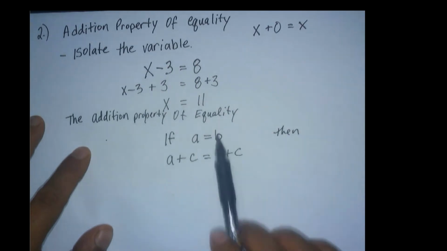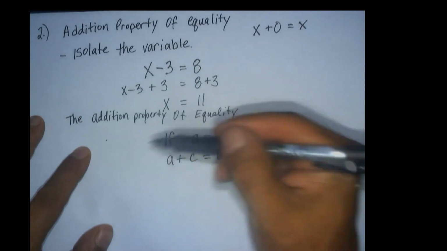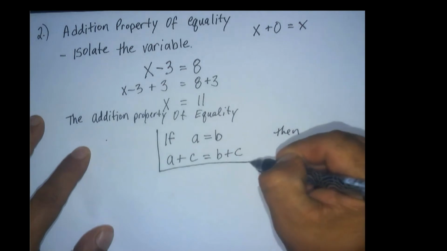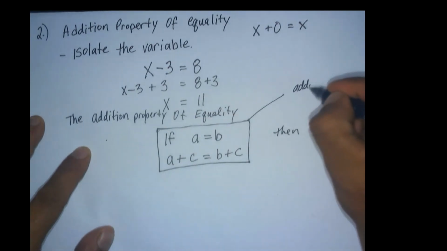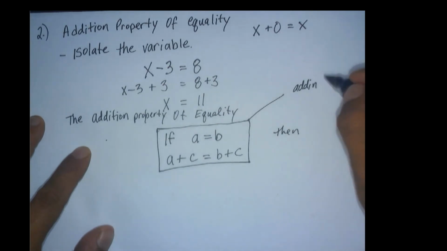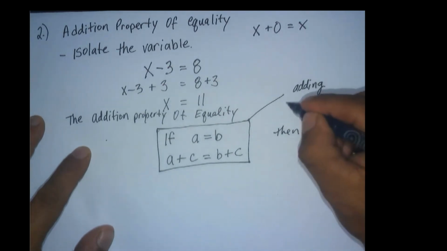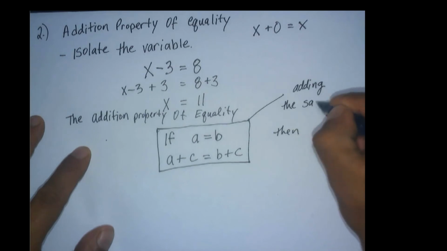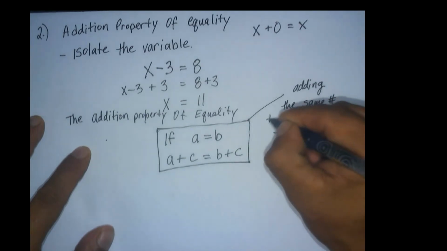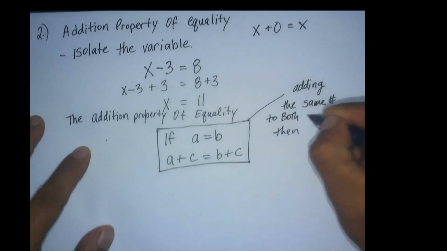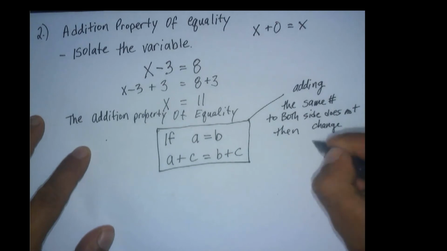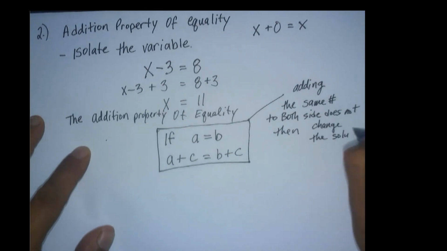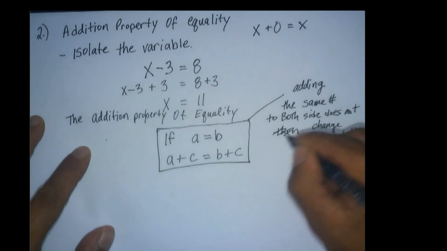This is kind of going backwards, but that's the whole goal here. The whole point of this is adding, and when I say adding, I mean adding negatives too, which is subtracting. Adding the same number to both sides does not change the solution.